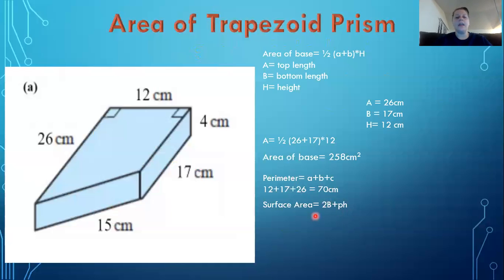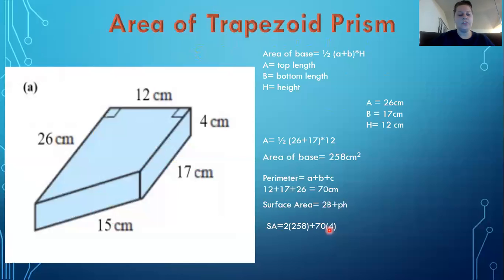So when we plug it in, 2B plus pH is our surface area formula. And so it's going to be 2 times 258 plus, remember this 70 is actually an 85, times 4. So let's see here.